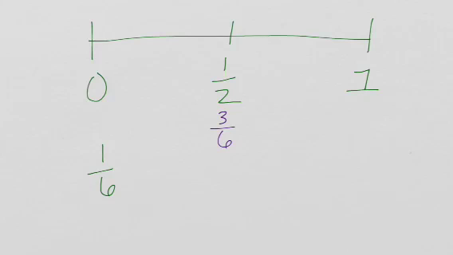That's halfway. 6/6 is 1 whole. So if I were to put in the rest of my hash marks, 1, 2, 3, 4, 5, 6. So 1/6 would be here. So you would have seen that 1/6 is about 0.